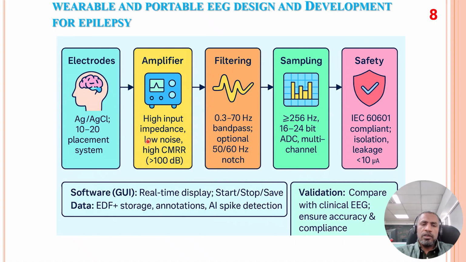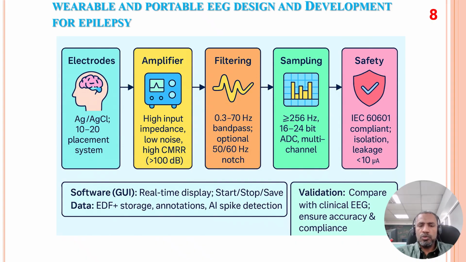This amplifier has high input impedance, low noise, and high CMRR. The gain is greater than 100. After the amplifier, design the filtering system. The filter system must cover 0.3 up to 70 hertz, then sampling, and finally check the safety and validation.